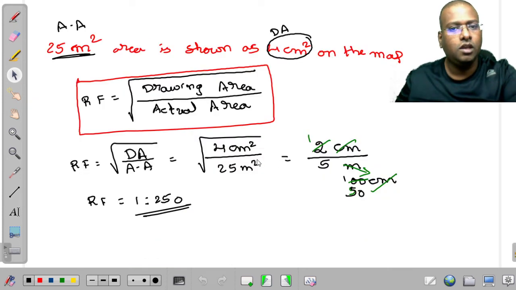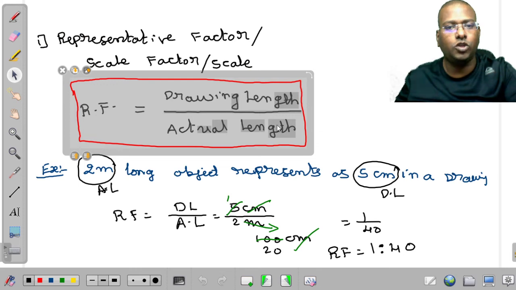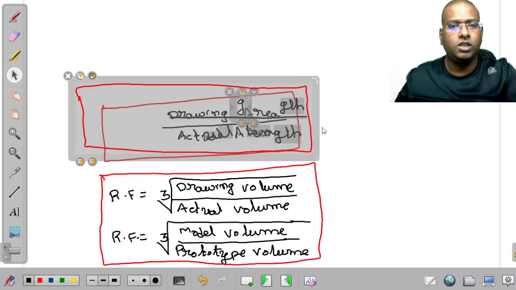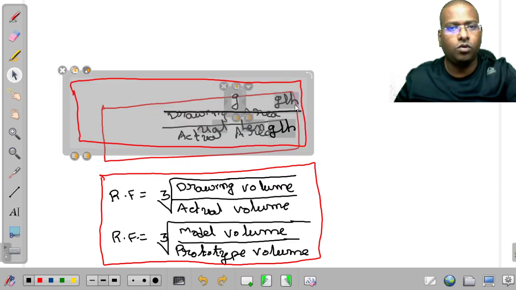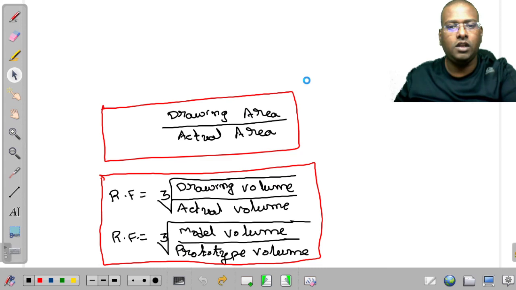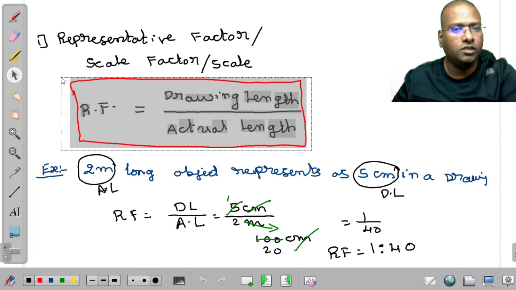Similarly, once the lengths are given, we have to use drawing length by actual length. So these are the three formulas we are going to use for finding out the representative factor.